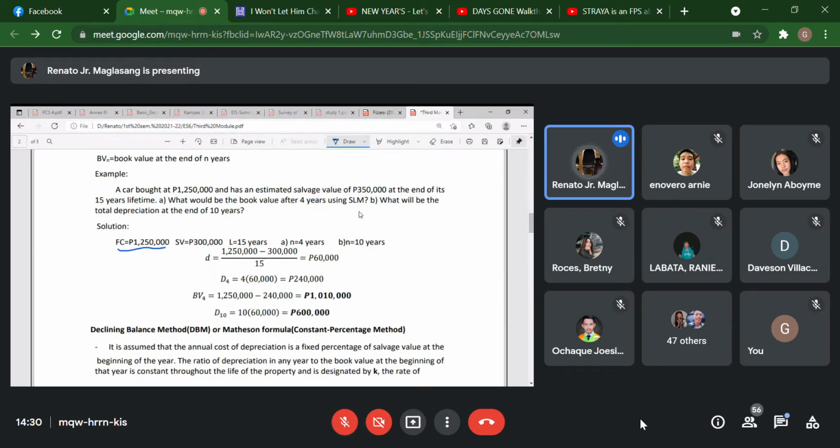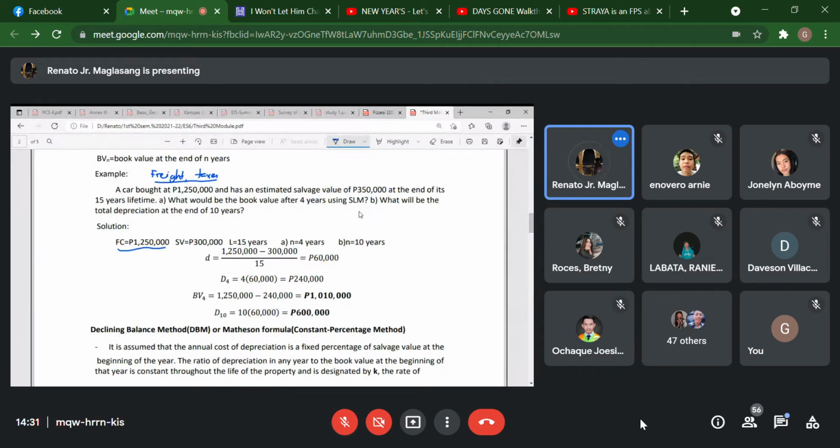For this one it is only given as 1.25 million, but in other cases it includes the freight and the taxes. Sometimes these are included in the first cost, and sometimes excluded. In our next topic, the taxes will be excluded but the freight cost will be included in the first cost.